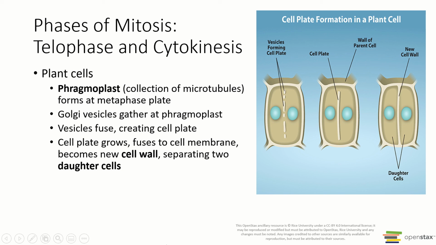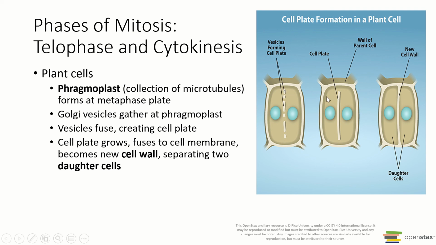All right. So we do make up a set of microtubules at the metaphase plate, just like in animal cells. We also have a set of vesicles from the Golgi apparatus that arrive at this place, and the microtubules and the vesicles create this thing called a phragmoplast, which is just an awesome name, phragmoplast.